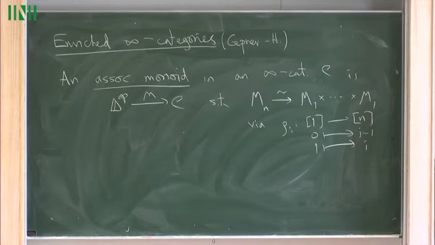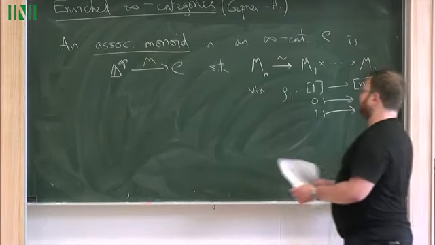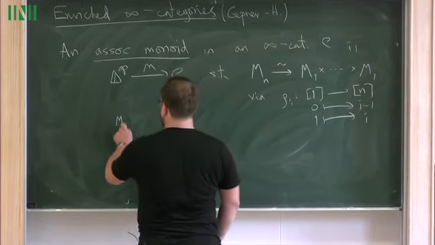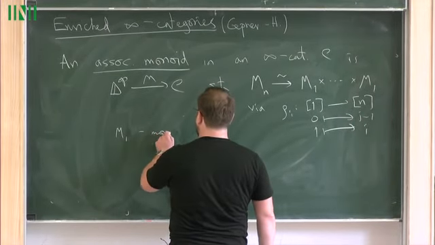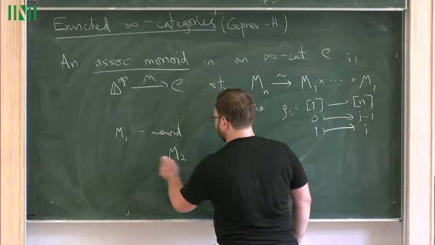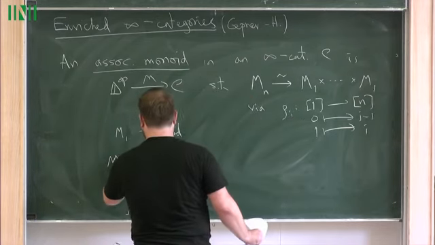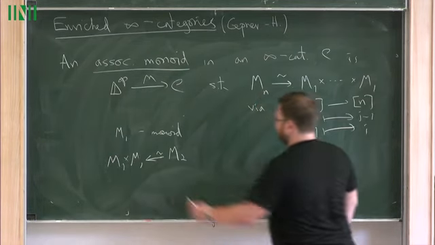So this goes back all the way to Segal, and the idea is that M1 is the monoid, and then if we take M2, that's equivalent by this property to M1 cross M1, and that uses the outer face maps.